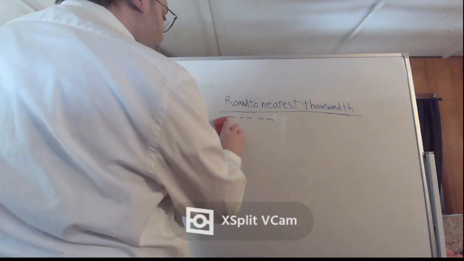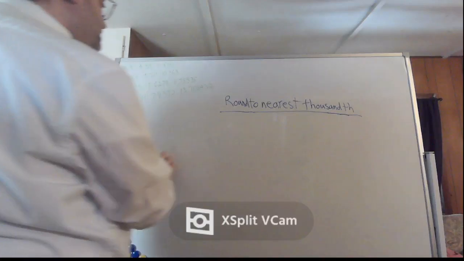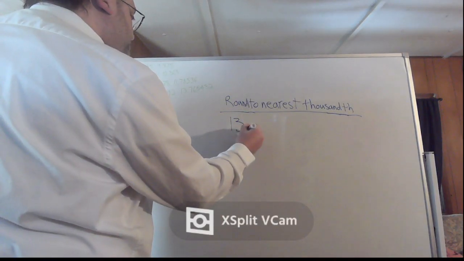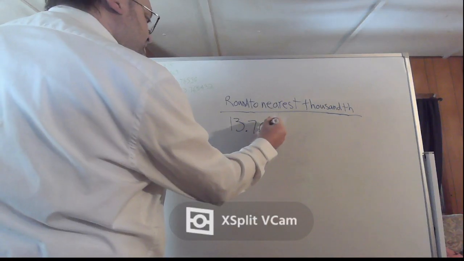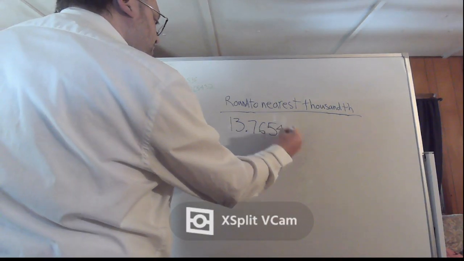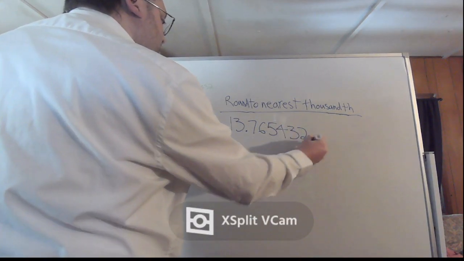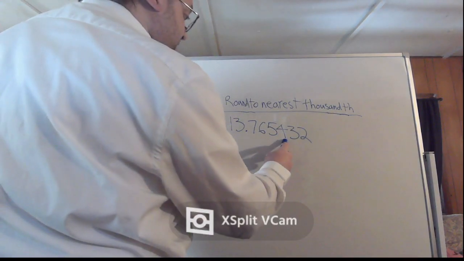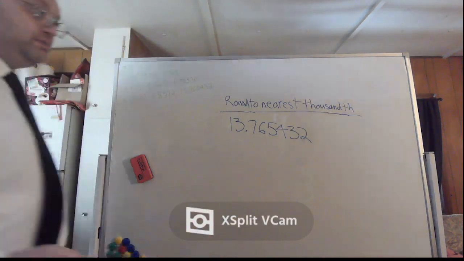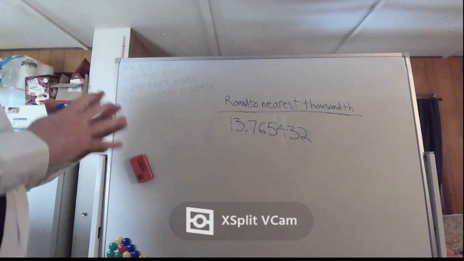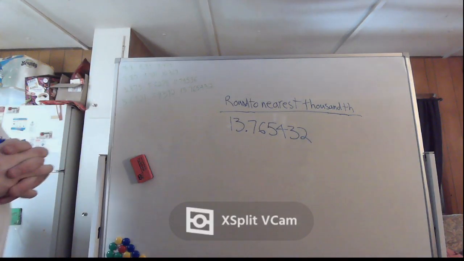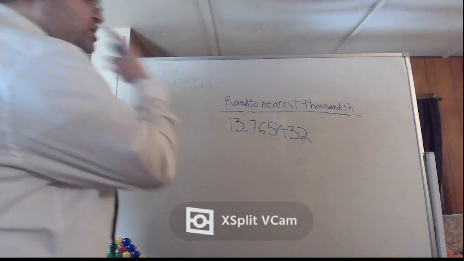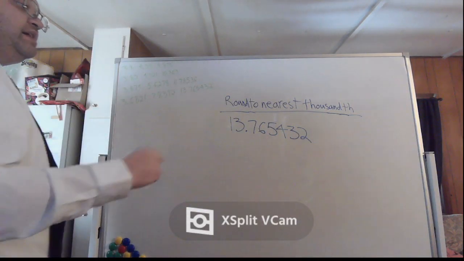And I got one more example here. Let's say this is a big one, 13.765432. Okay, well, we have a thousandths, 10,000ths, 100,000ths, we even have a millionths place. But we only want to round this to the nearest thousandth. So locate what number is in your thousandths place. That would be a 5. Locate the number immediately to the right of that in the 10,000ths place.